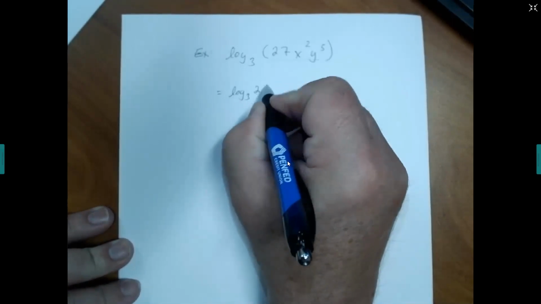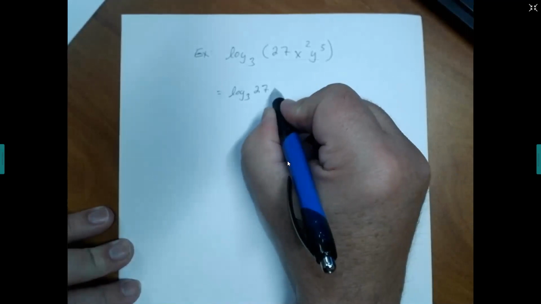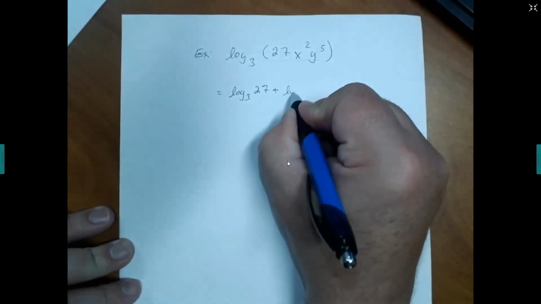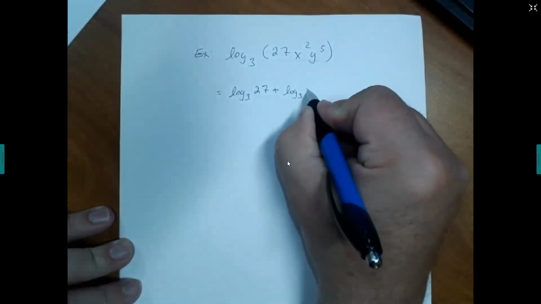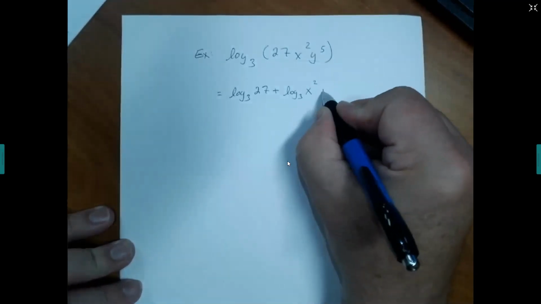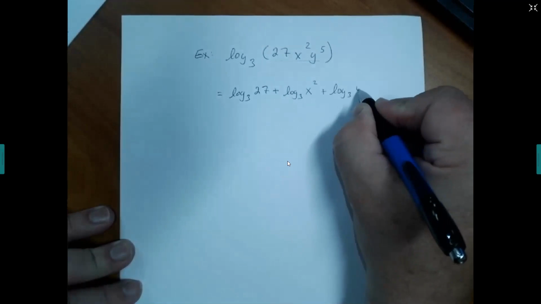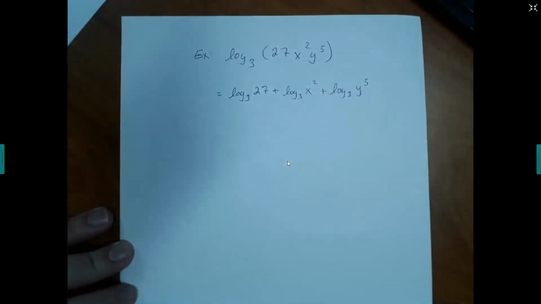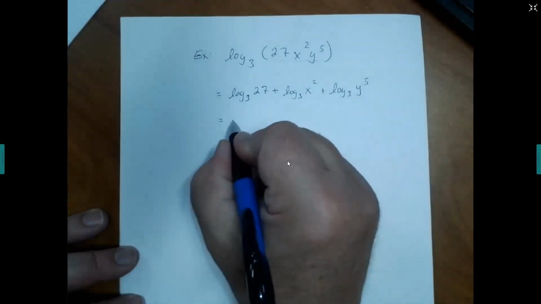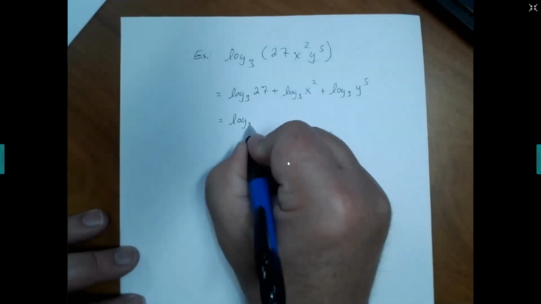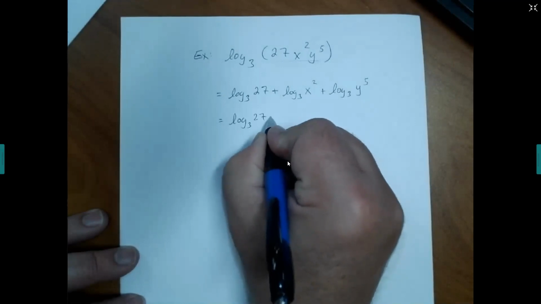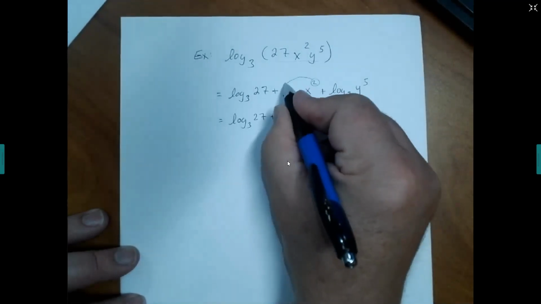Yeah, so take log base 3 of 27 plus log base 3 of x squared plus log base 3 of y to the 5th. Right, since we cannot have exponents, these come out in front.